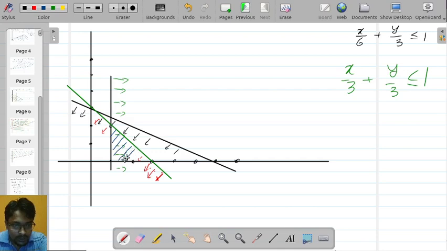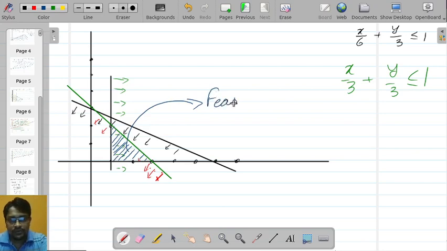So the region will be the feasible region that we talk about. Feasible region means the region in the xy plane which contains the solution of the given problem. Since all the inequalities are satisfied in this region, our solution will lie somewhere here. That is why this region is called the feasible region.